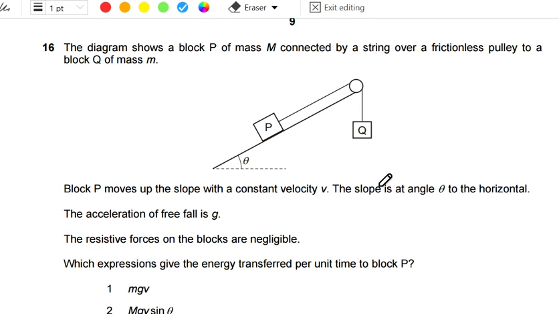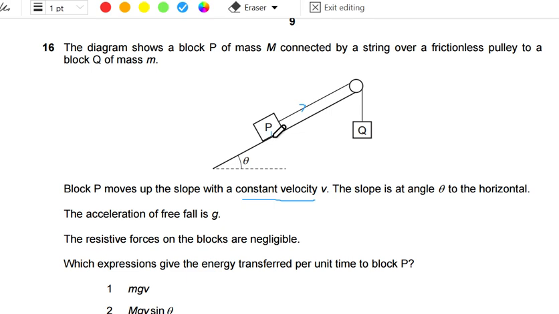So we have here constant velocity for B, and any object that moves with a constant velocity means that there is no net force acting on it. So there is equilibrium between tension and some other force.